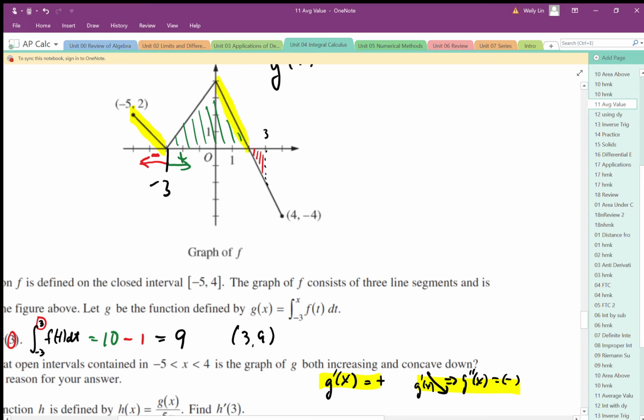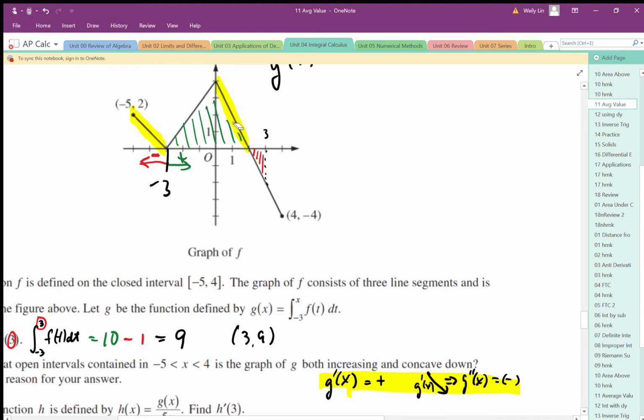So these two sections here are going to represent my positive slope, because the slope is positive here. So g prime is positive, and the second derivative is negative, or the slope of this graph is negative. So g prime is positive here, which means that g is sloping up.